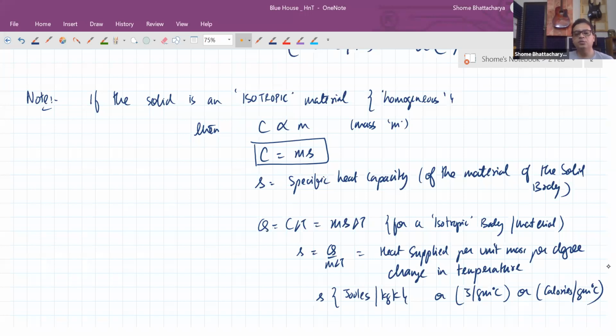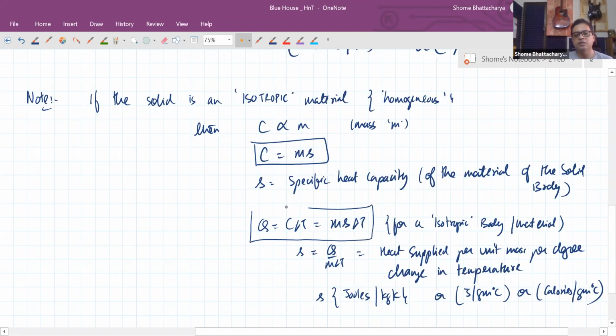Now the constant of proportionality, for a homogeneous or isotropic solid, will be directly proportional to mass also. So it is M into some constant into delta T. That constant is the specific heat capacity.